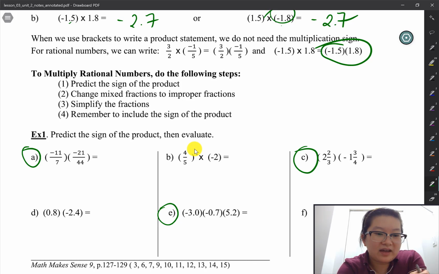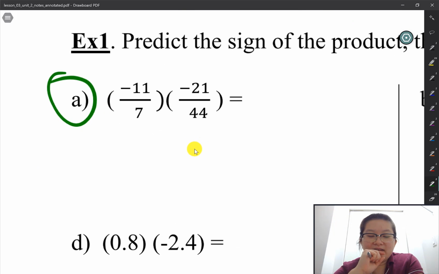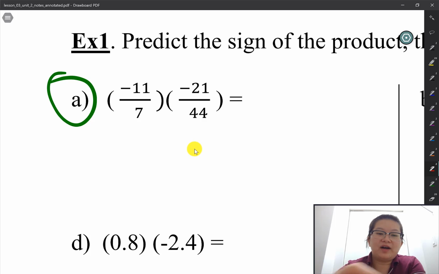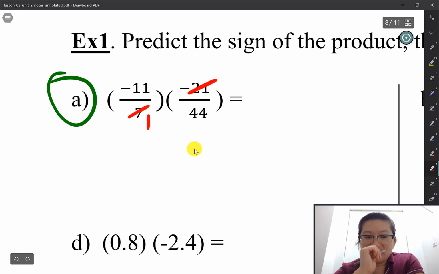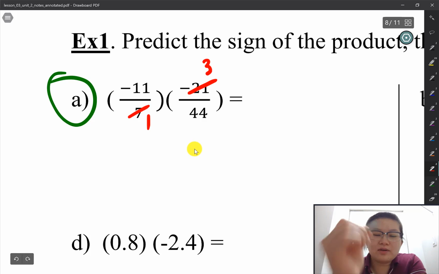Starting with A. Ooh, A looks a little ugly. It's got two numbers bracketed by one another. And the nice thing I think that we can do here is simplify the two fractions first. Remember cross-simplifying. For example, 7 and 21 can be divided by 7. 7 divided by 7 is 1. 21 divided by 7 gives me 3.